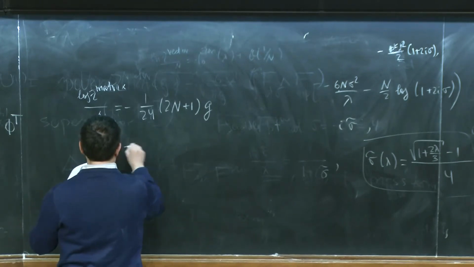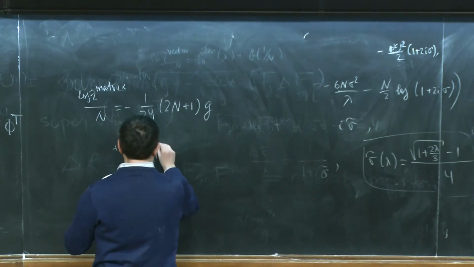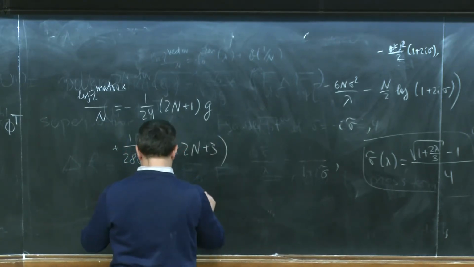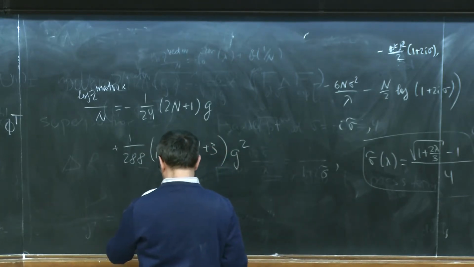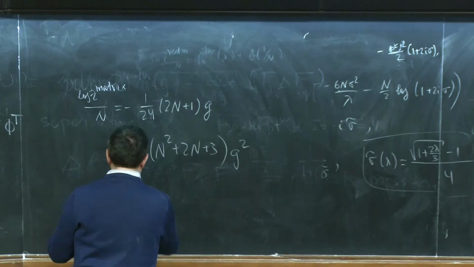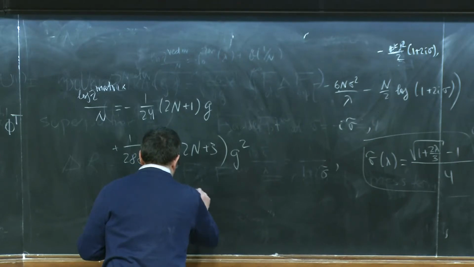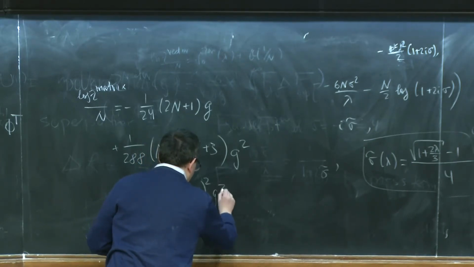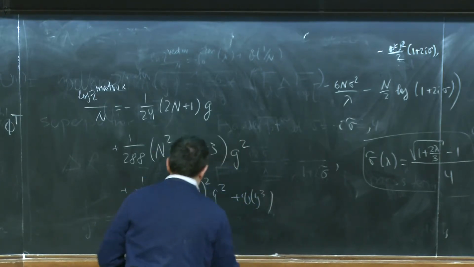Then there is 1 over 288 times n squared plus 2n plus 3 times g squared, right? And then there will be 1 over 144 times 2n plus 1 squared g squared. And then some order g cubed graphs, which I will not write out.